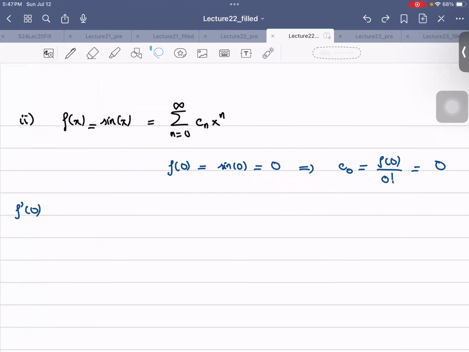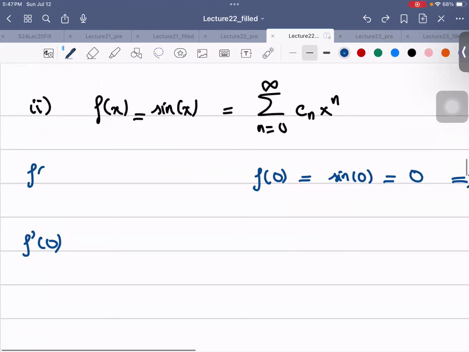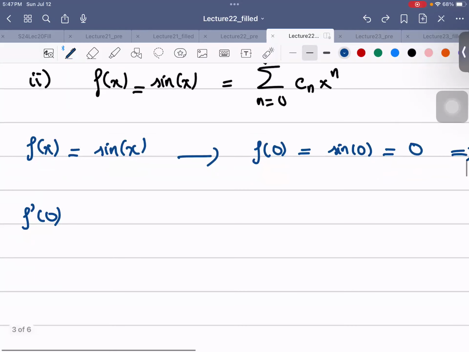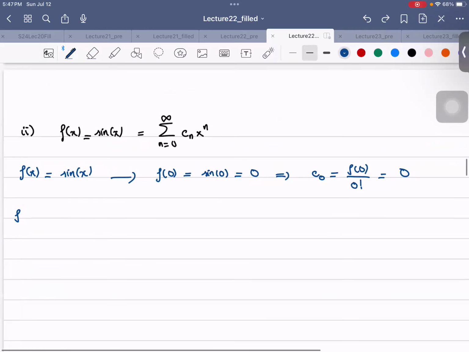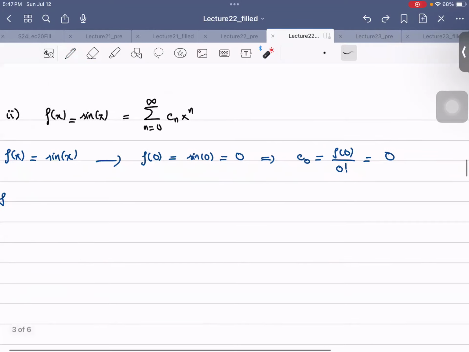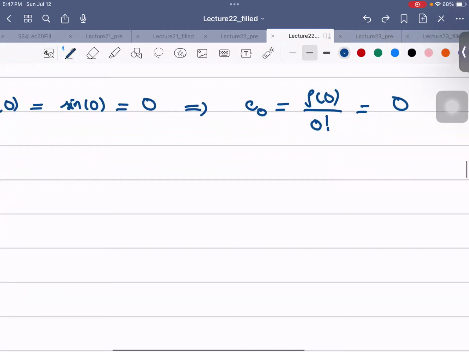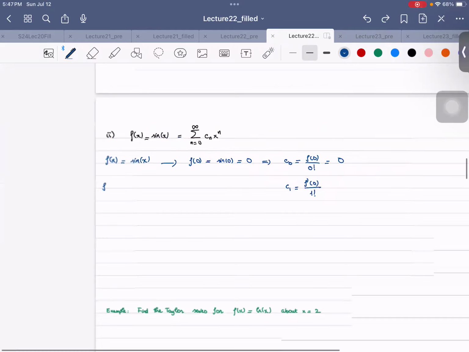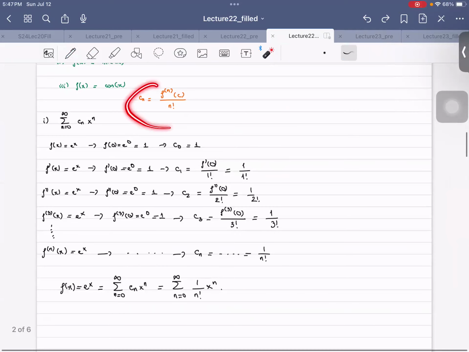Over here, f of x is psi of x, so f of 0 is over here. The next thing, you want to compute C1, and C1 is f prime of 0 divided by 1 factorial. Remember that this is the general formulation to compute Cn.